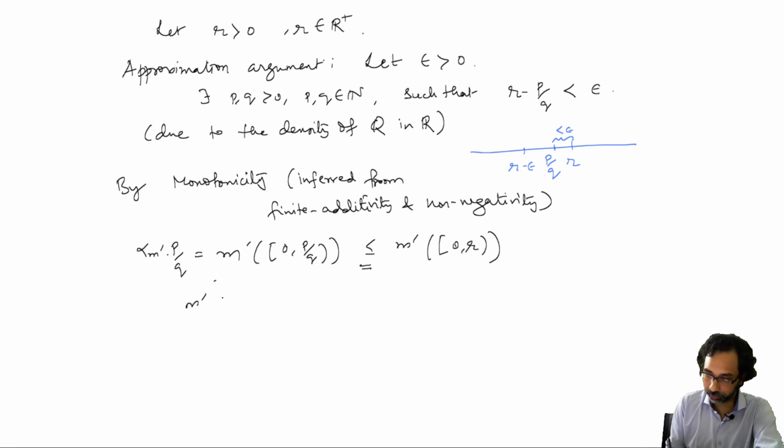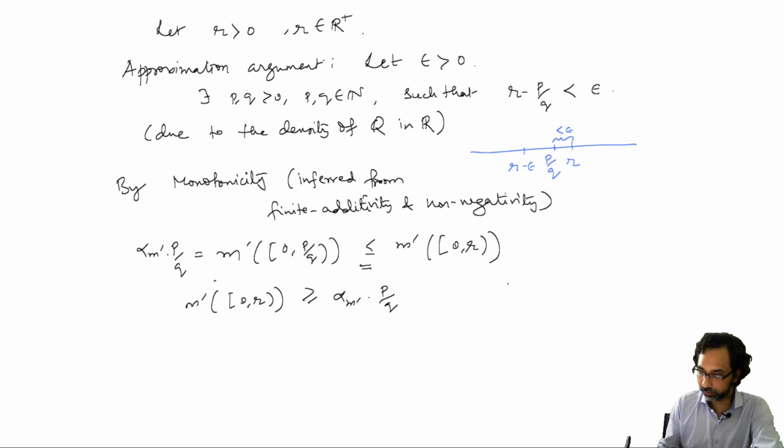So we have m prime of 0 to r is greater than or equal to alpha m prime times p by q. But note that we have chosen our p by q such that p by q is greater than r minus epsilon from this choice. Therefore, this is greater than or equal to alpha m prime times r minus epsilon.